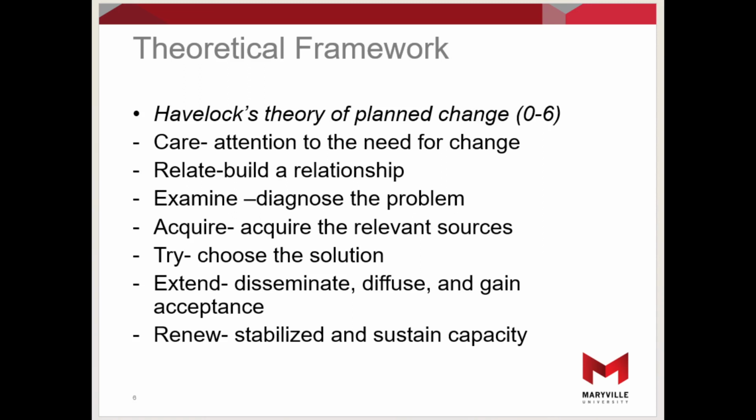The Havelock theory represents the necessary steps toward creating an environment of change, and that is what I was trying to do, trying to implement with this self-harm inventory. It's labeled from 0 to 6, the Havelock's theory of planned change.